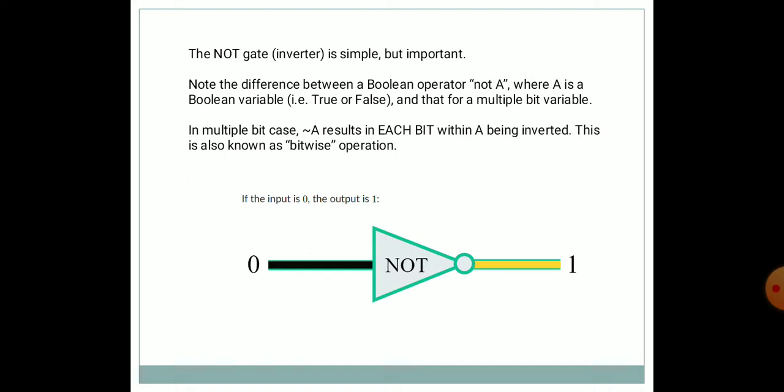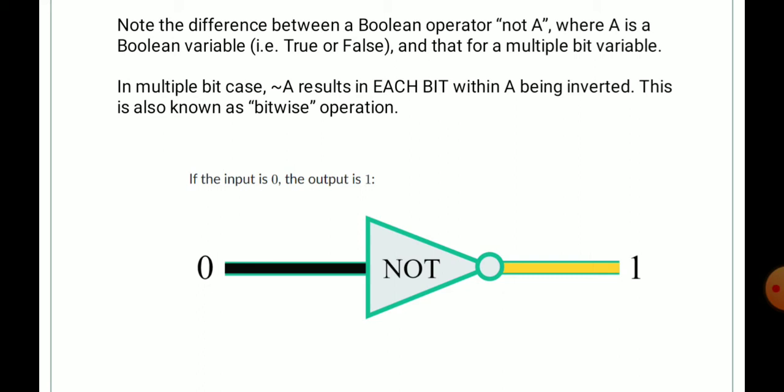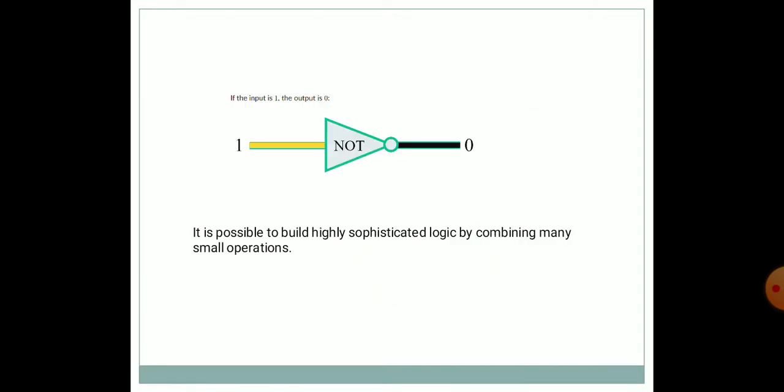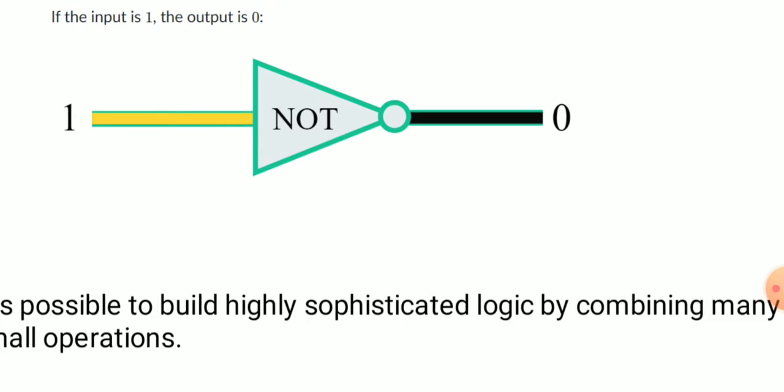In the multiple bit case, tilde A, the complement of A, is each bit within A being inverted. This is also known as a bitwise operation. As I have said earlier, if the input is 0, the output of the NOT gate will be 1, and if the input is 1, the output is 0.